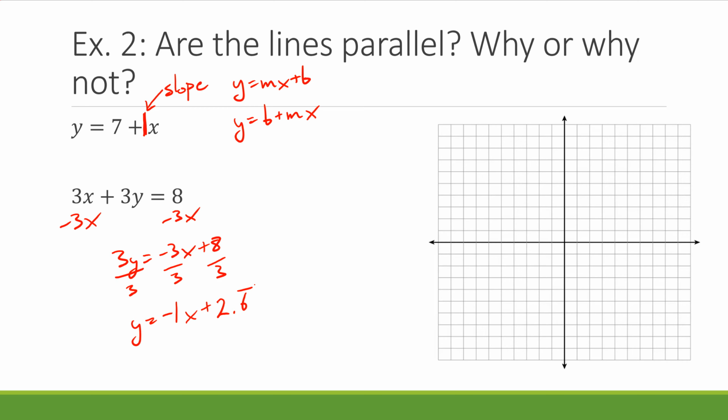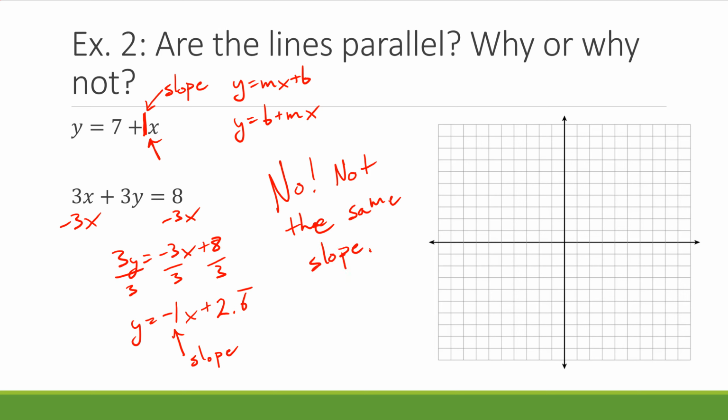All right, so this guy has a slope of negative 1. This guy has a slope of positive 1. Are those the same? No, they're not the same. If one is positive and one is negative, no, I can say not the same slope. I know it's 1 in both cases, but one is -1 and one is +1, so not the same slope.